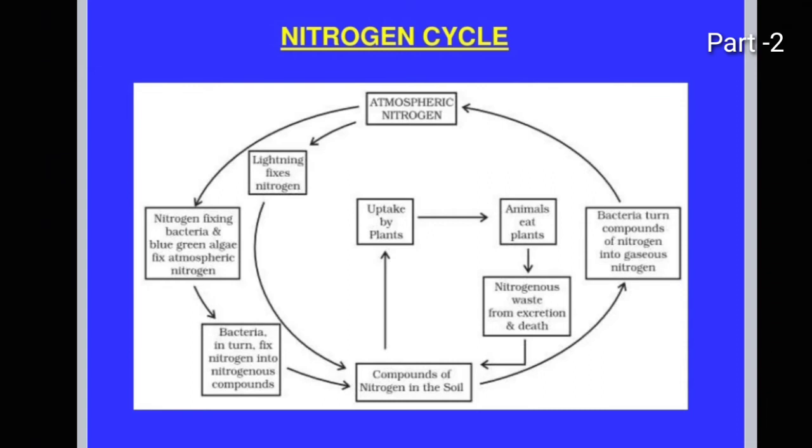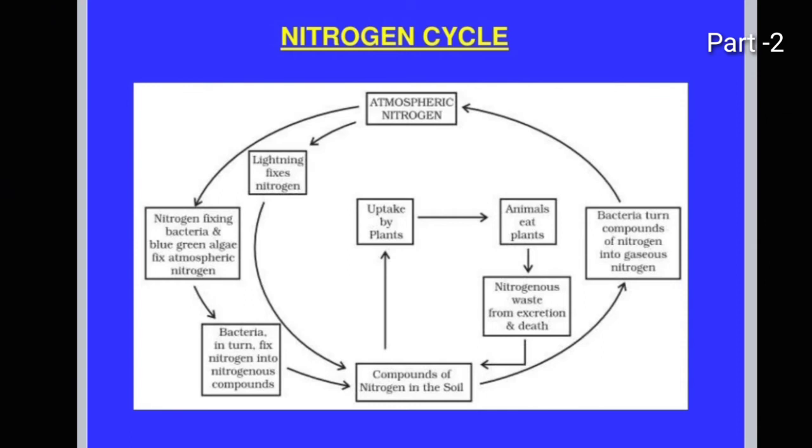Similarly, plants will take these nitrogen compounds through root hairs, through the root system, and then these plants will be eaten by the animals, and after the death of animals, the nitrogenous waste will be taken from the excretion of these animals.